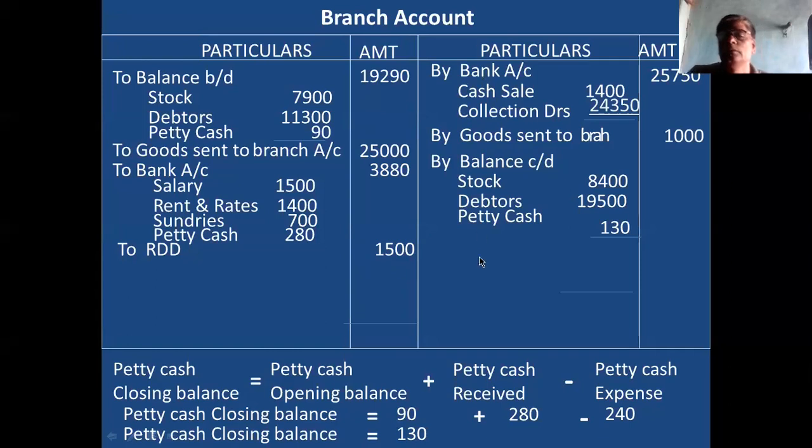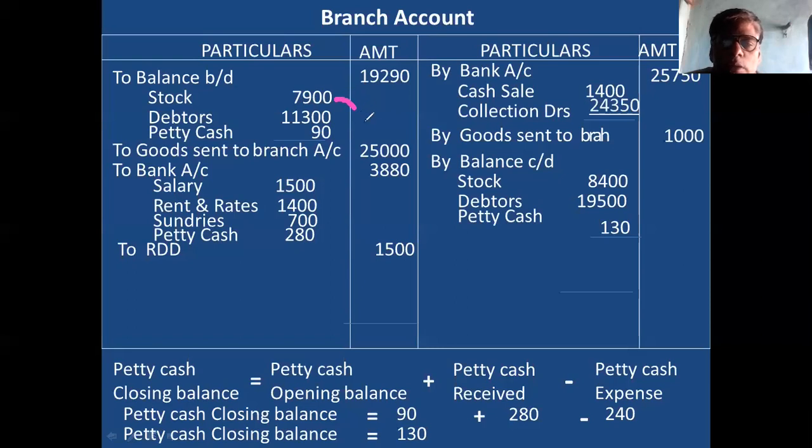After this, it is your cost price method, so you have to remove the loading. While removing the loading, the debit side stock of 7,900 rupees is the invoice price.